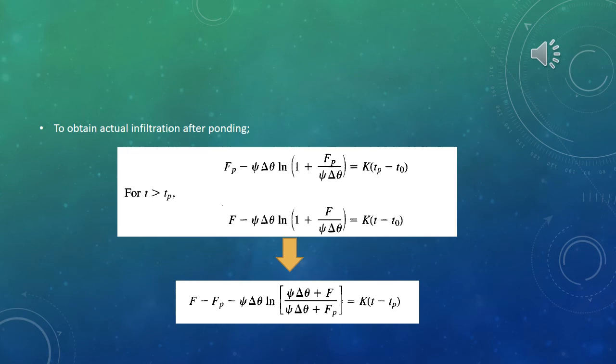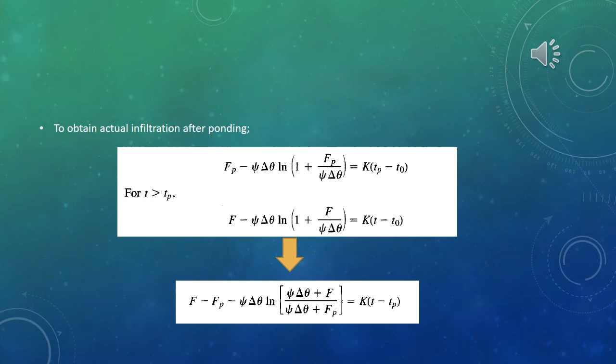Right now we are gonna find what happens after ponding occurs, like let's say in 10 minutes or 15 minutes or 50 minutes. After 50 minutes, a 2-hour period, what's gonna happen? How much water infiltrates into the soil?